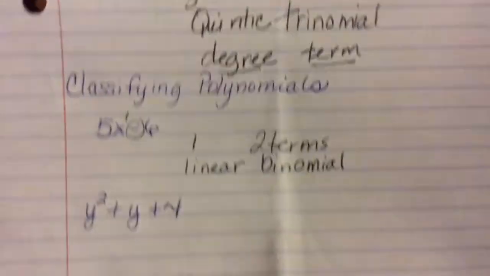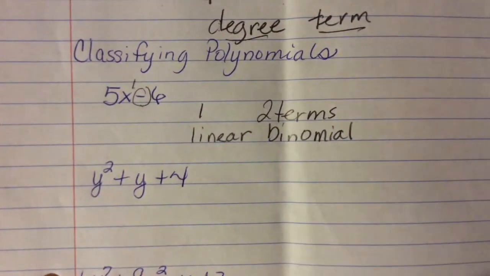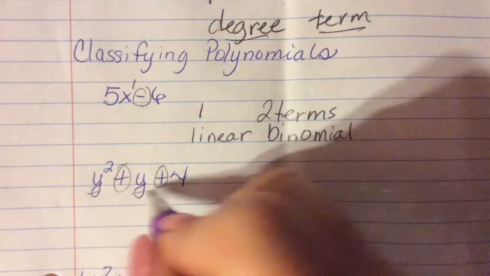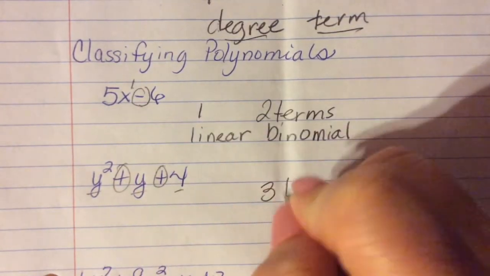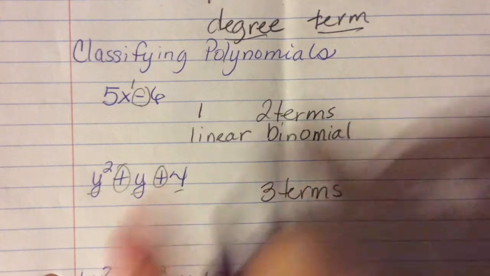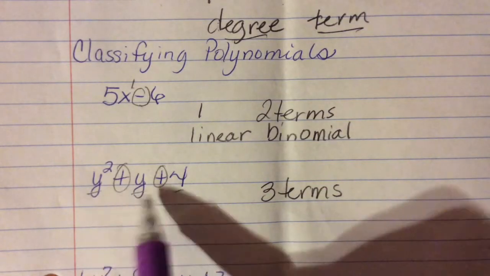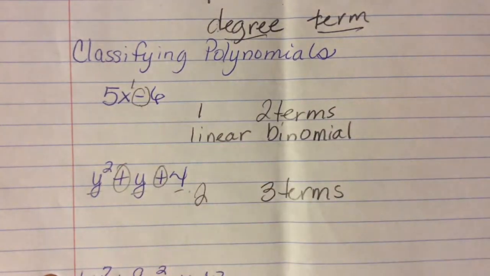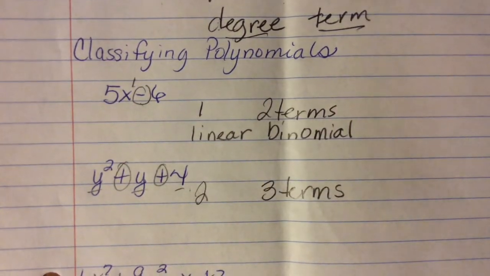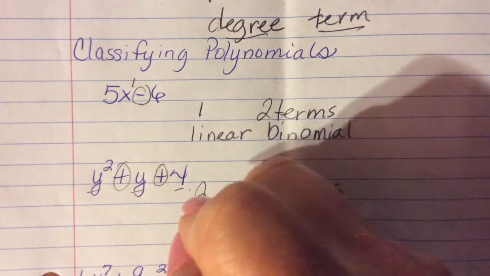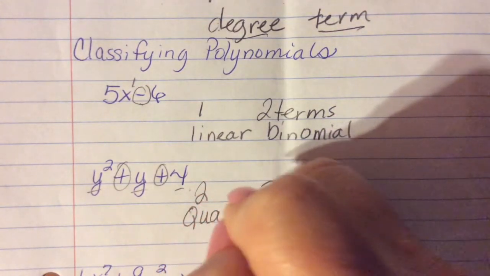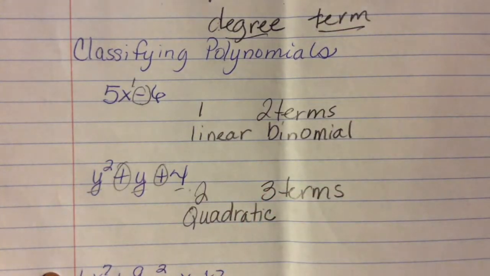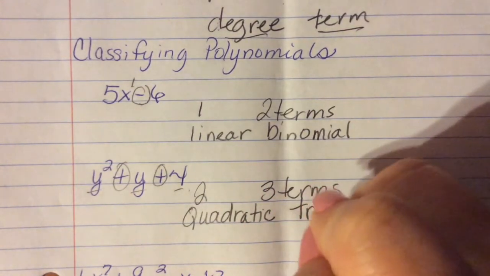Okay. All right, for this next one, I see we have 2 operations. So I got 3 terms. My highest degree, since it's in standard form, is 2. So it's to the 2nd degree. So when it's a 2nd degree, it's a quadratic. And since there's 3 terms, this is what's called a trinomial.